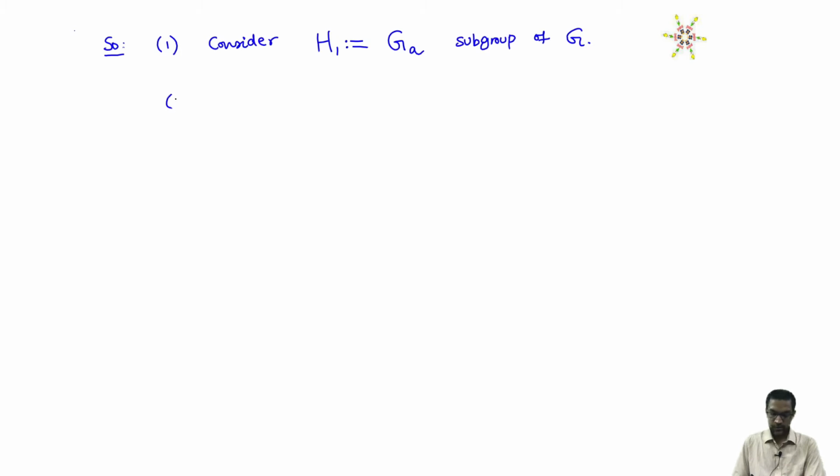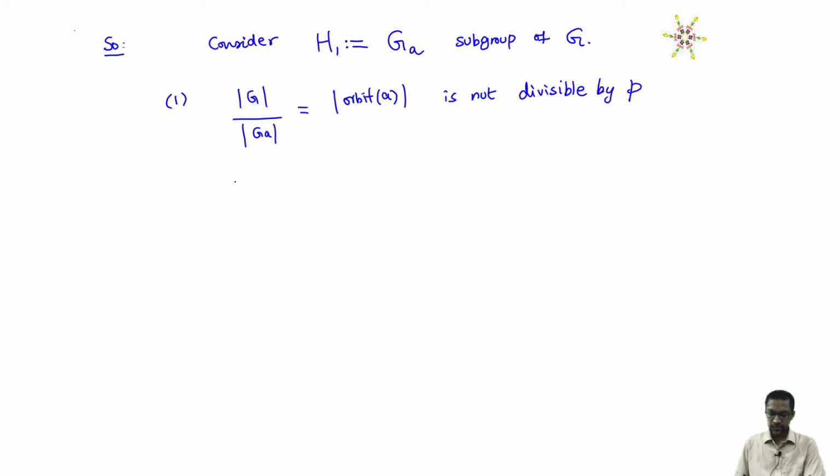What do I know about it? Let me try and figure out some facts about it. First thing I know is that the cardinality of G divided by the cardinality of GA is the cardinality of the orbit, which is not divisible by P. That was our assumption.